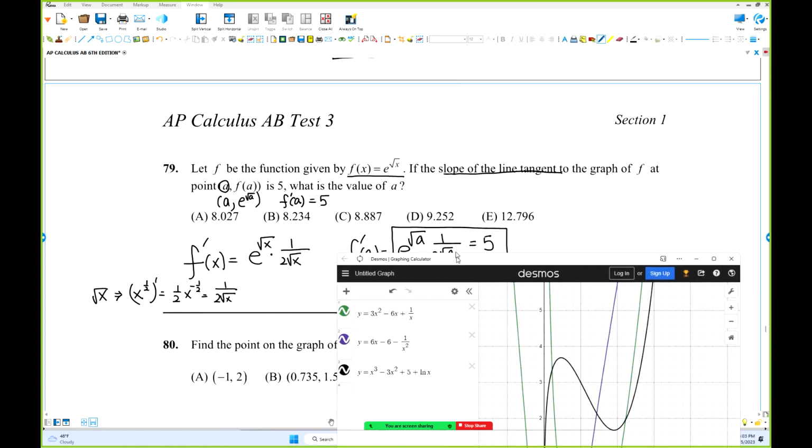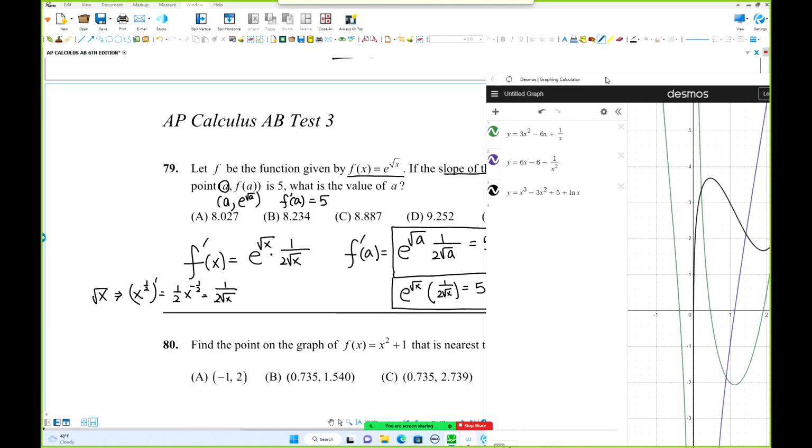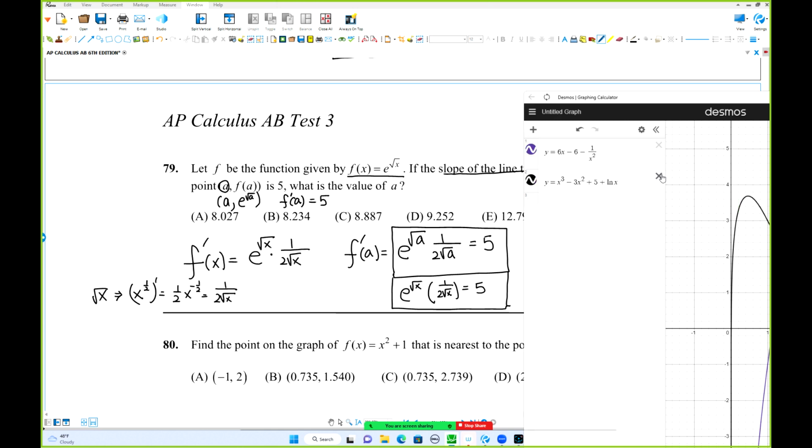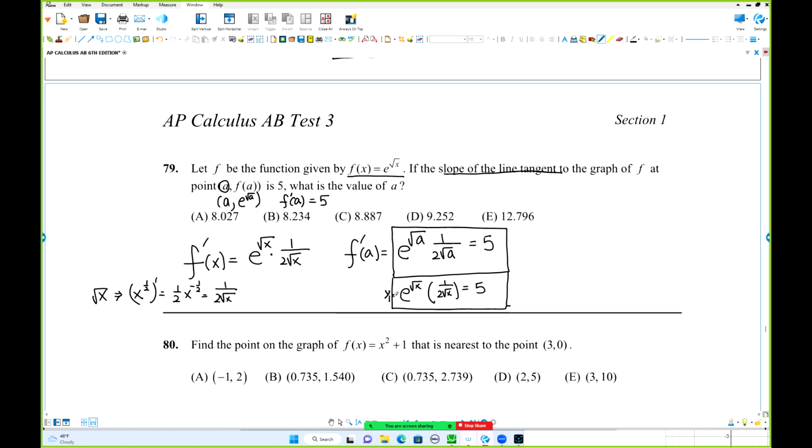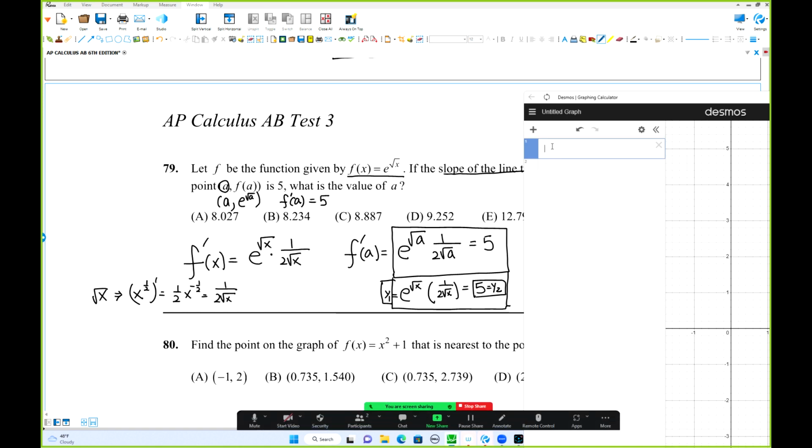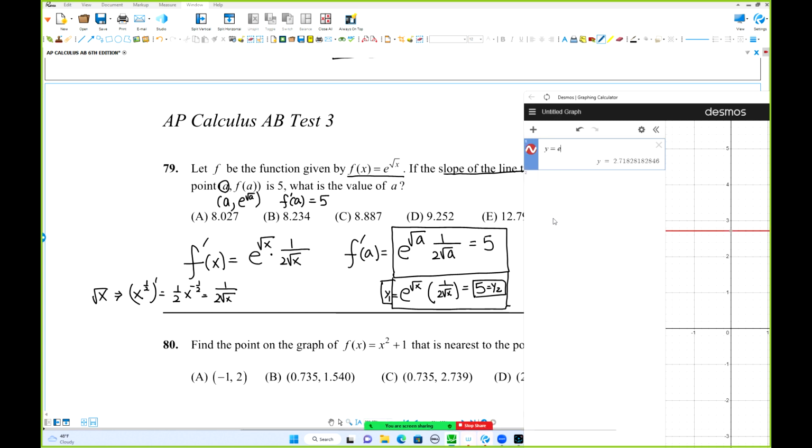So now let's find this one, okay? You can use your calculator. This is y1 and this is y2, okay? y2 is 5, y1 is this one, and find the intersection, okay? So y1 is e to the square root x, okay? e to the square root x.